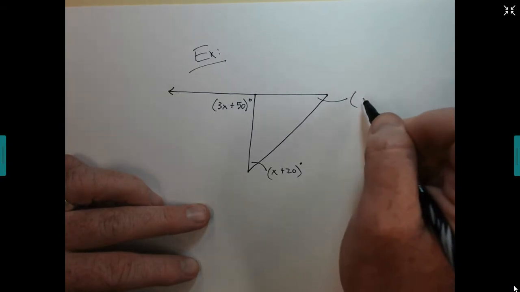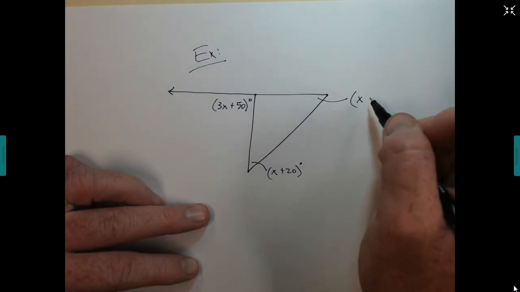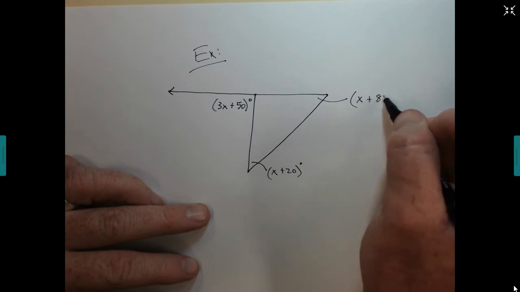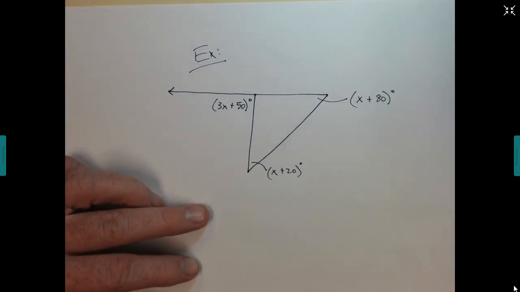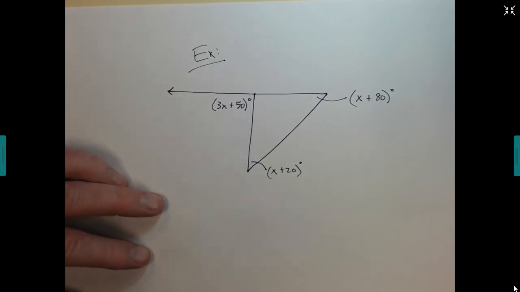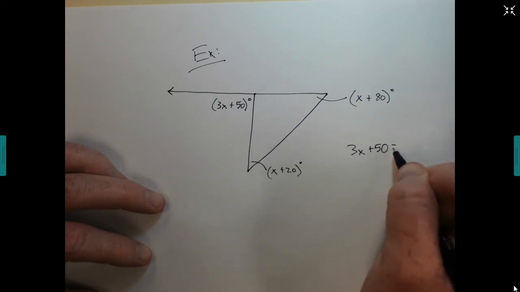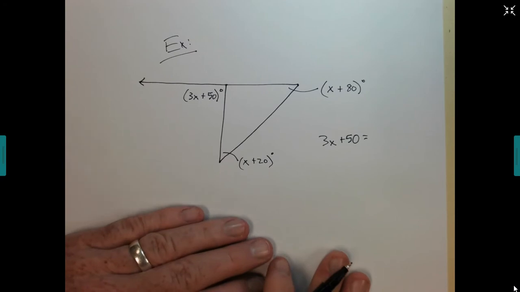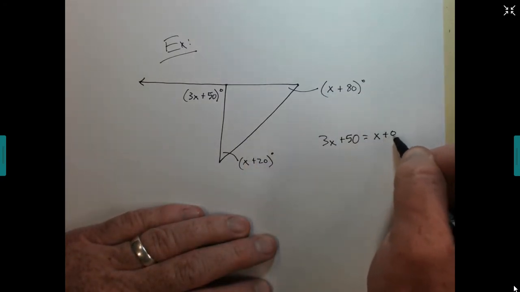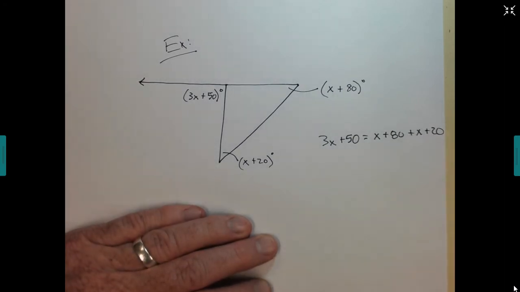Let's say this one was x plus 80 degrees. So the exterior angle theorem says that this angle, 3x plus 50, the exterior angle, has to be the same value as the two remote interior angles added up. So x plus 80 plus x plus 20.